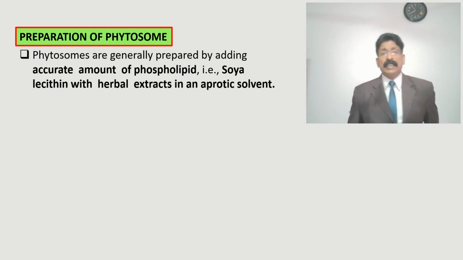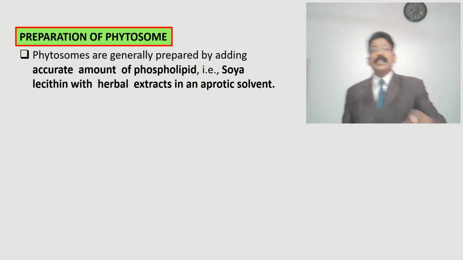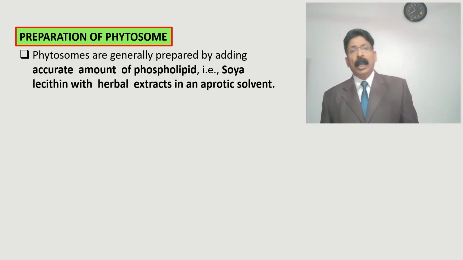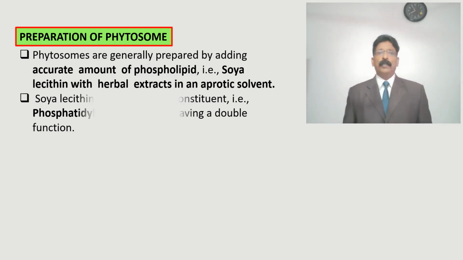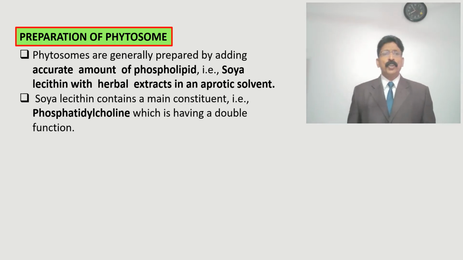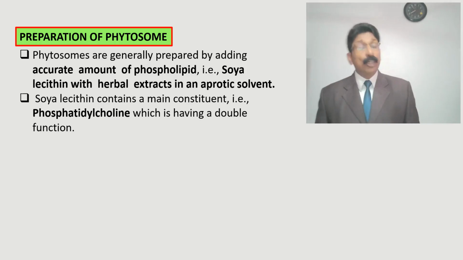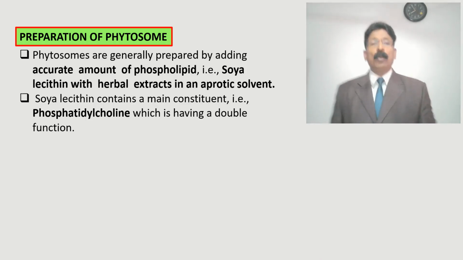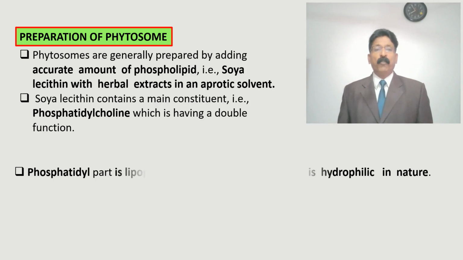Phytosomes are generally prepared by adding an accurate amount of phospholipids, soya lecithin, with herbal extracts in an aprotic solvent. Soya lecithin contains a main constituent of phosphatidylcholine, which has a double function.